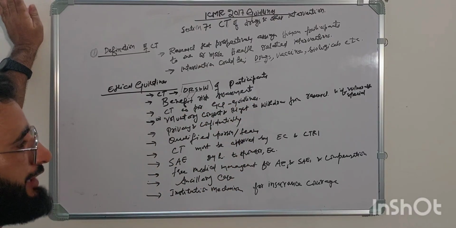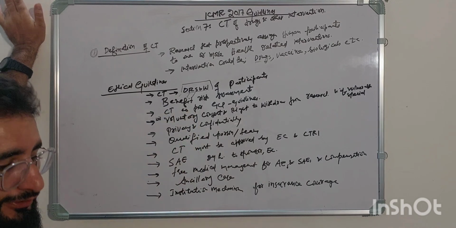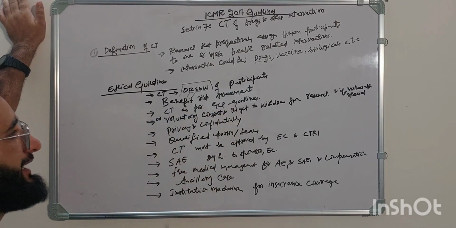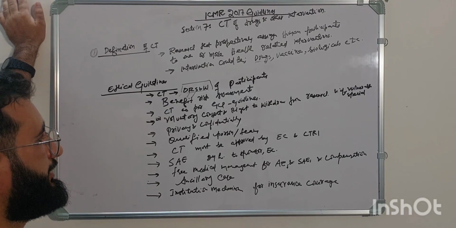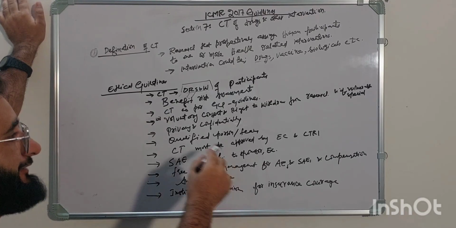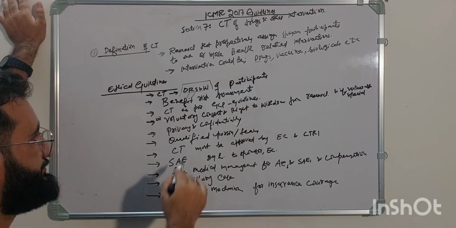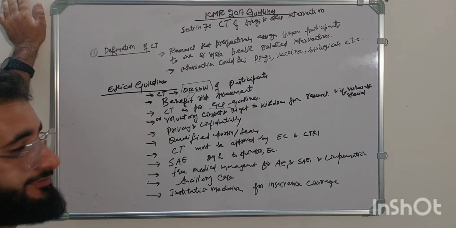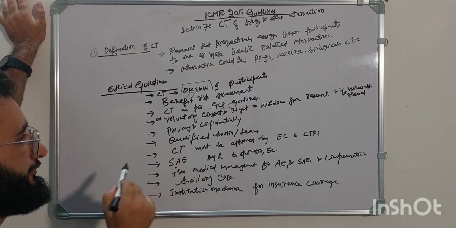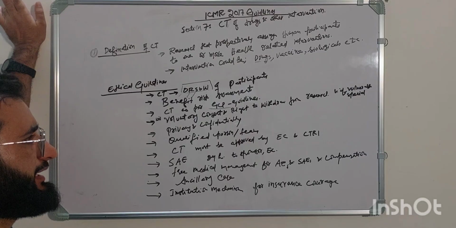A clinical trial should be performed only when the risk and benefit assessment is clear, the risk should be less and the benefit should be more. It should be carried out as per GCP guidelines, and written voluntary consent should be taken from the participants.